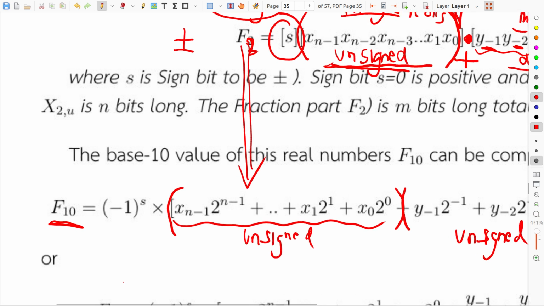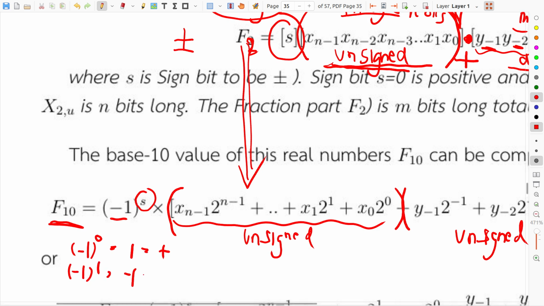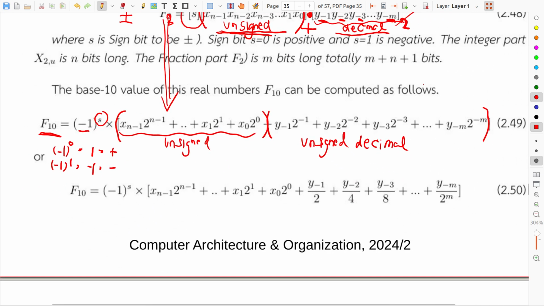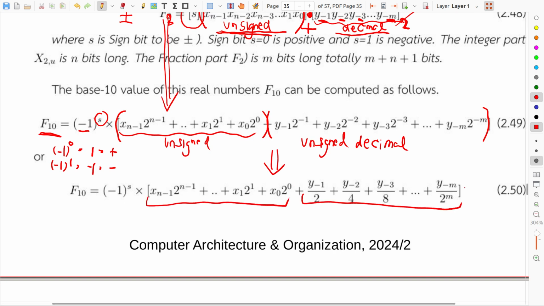The sign bit is the exponent of -1. Therefore, -1 to the 0 is 1, which represents the plus sign. -1 to the 1 is -1, which represents the negative sign. So we can rewrite this again as the integer part and the decimal part.